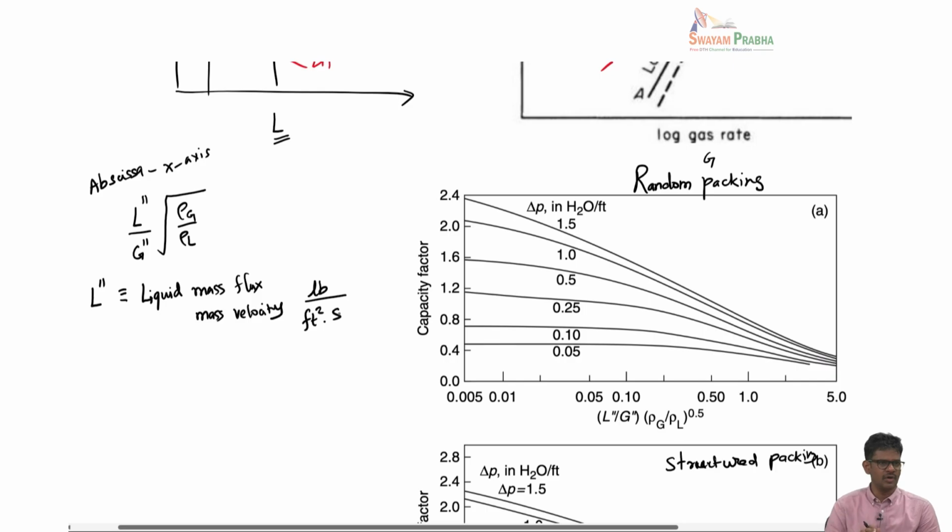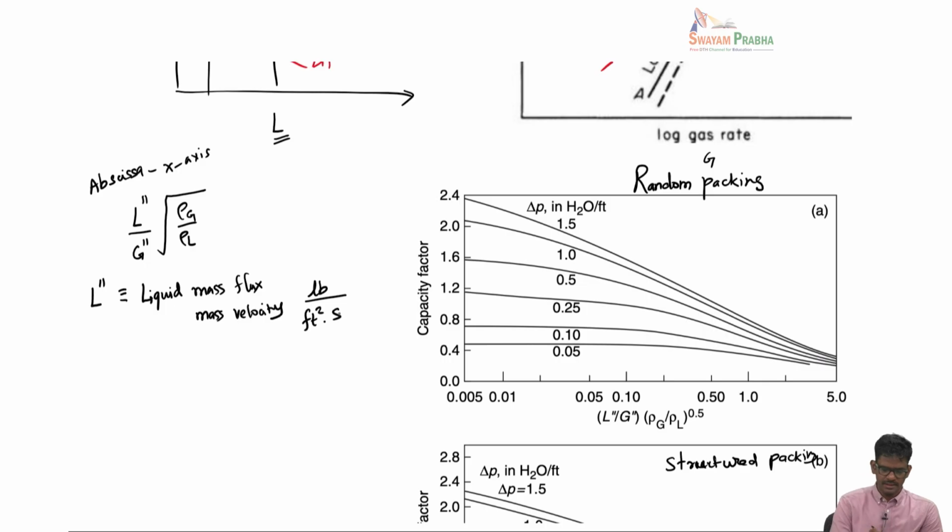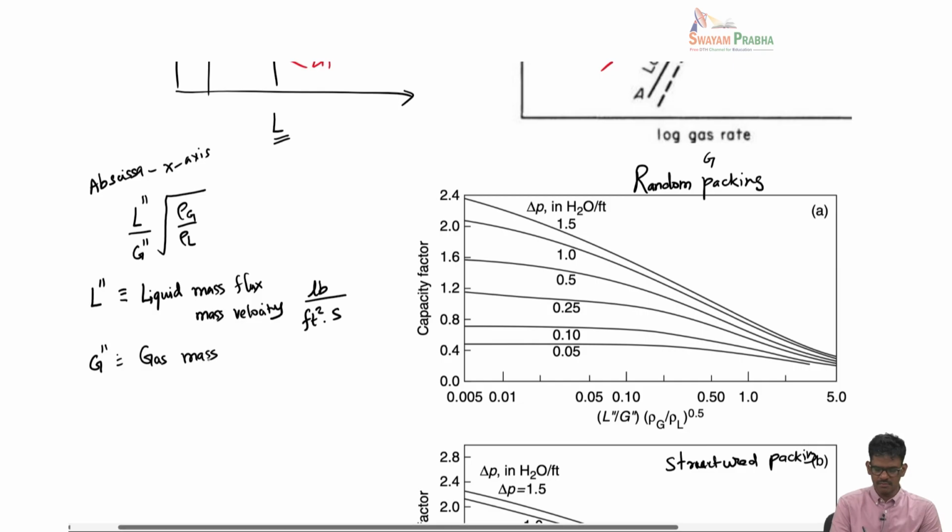In this particular plot, English units are used. Whenever we want to use this particular plot, we have to work with English units. This G double prime here is the gas mass flux or mass velocity. This also is given in the units of pound per feet squared second.